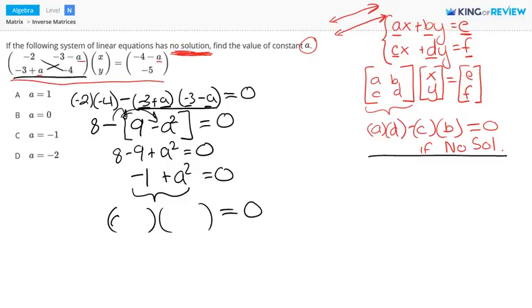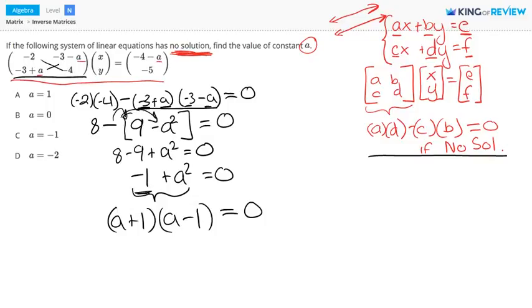So a squared is here, and then we have plus 1 and minus 1. That works because a times a is a squared, a times negative 1 is negative a, and 1 times a is a, so those two terms would cancel out, and then we have 1 times negative 1, which represents this negative 1 here.